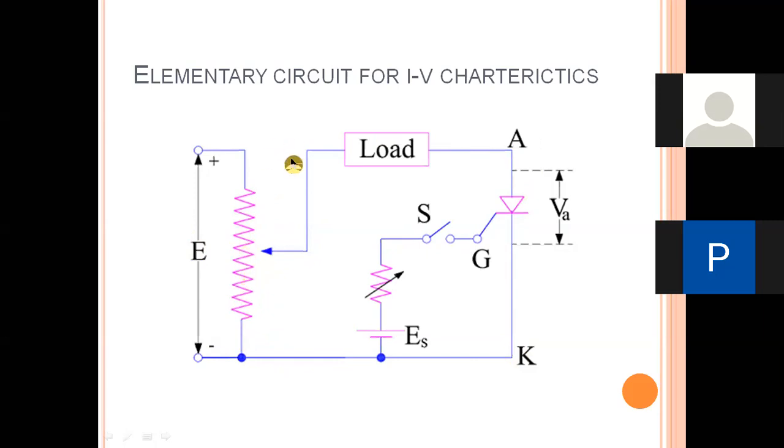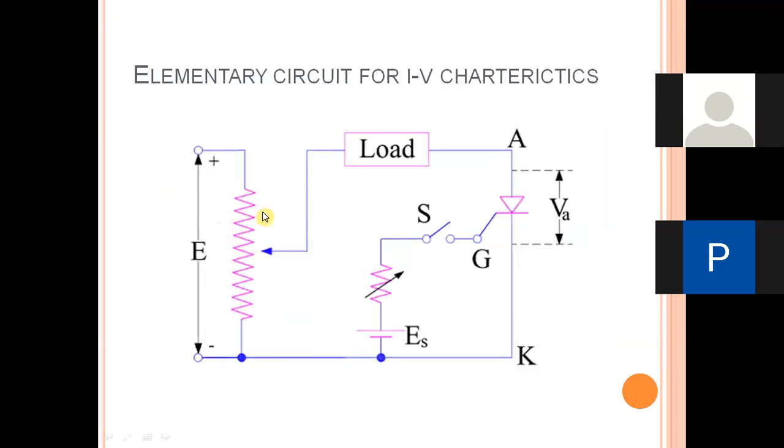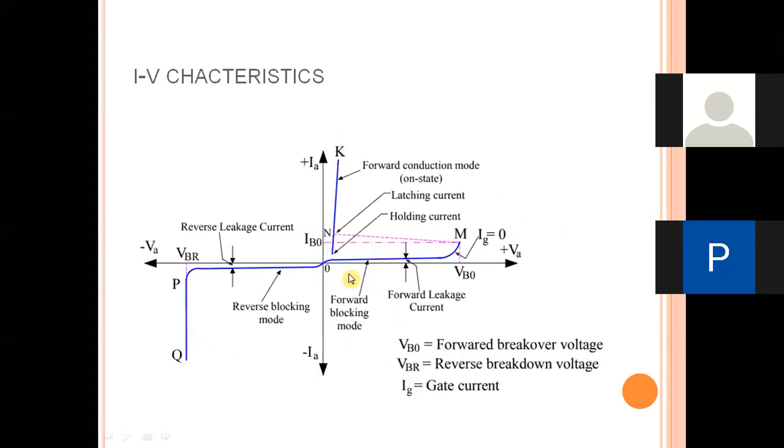That voltage may be 10 volts in steps of 10, 20, 30, 40, 50, like that, up to 100 volts. Initially the voltage across the device between the anode and cathode is 0.